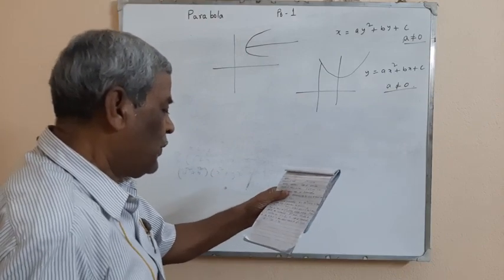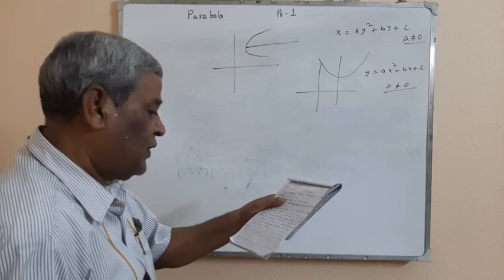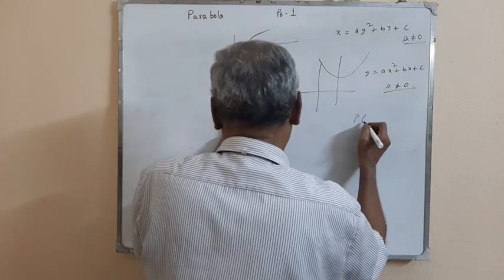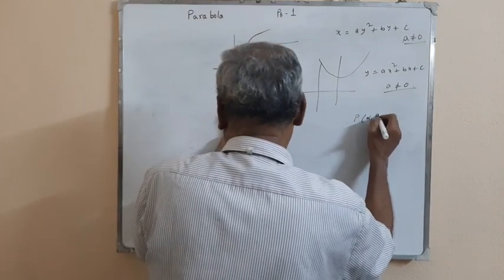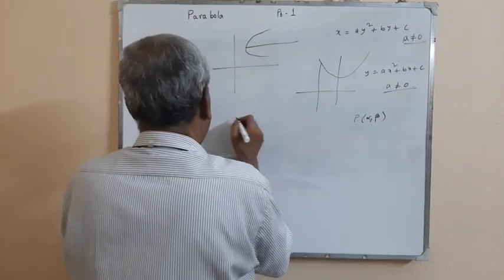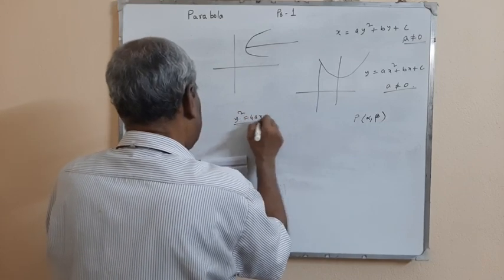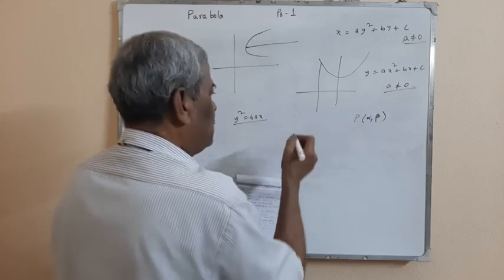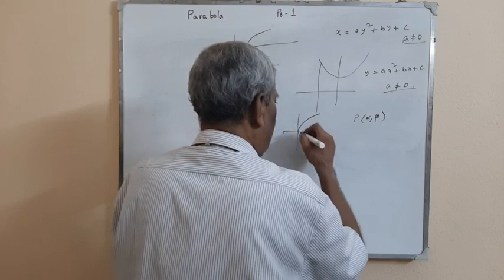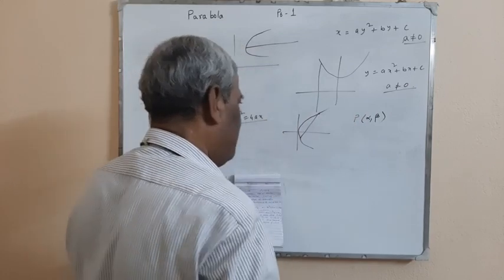Next one, the equation of a chord of y² = 4ax whose midpoint P is (alpha, beta). Here y² = 4ax is a parabola, the first standard type. Suppose this is a chord of the parabola.